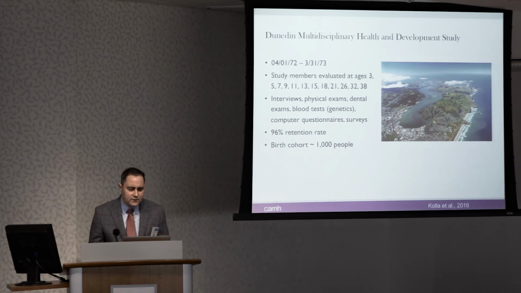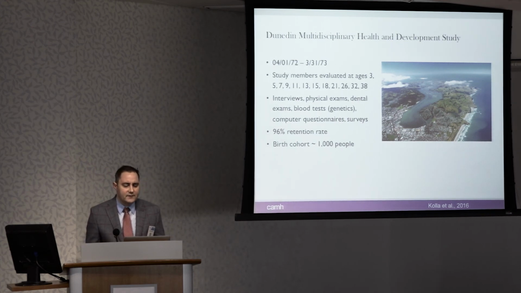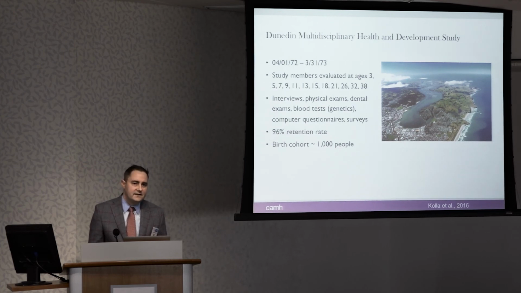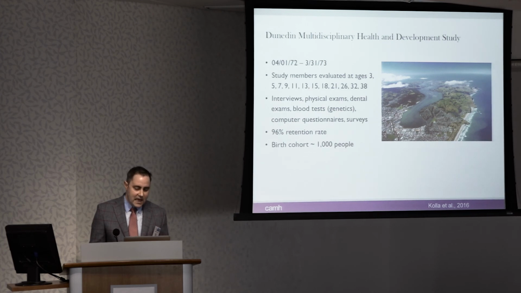Not sure how many of you would know about the Dunedin Multidisciplinary Health and Development Study. This took place in New Zealand, and it's followed the lives of 1,037 babies born between April 1st, 1972 and March 31st, 1973. They were all born in a single hospital in Dunedin, New Zealand.